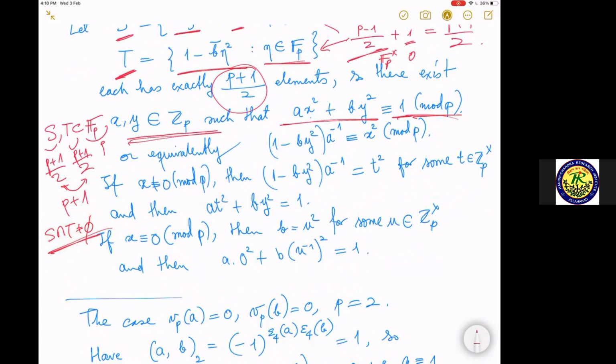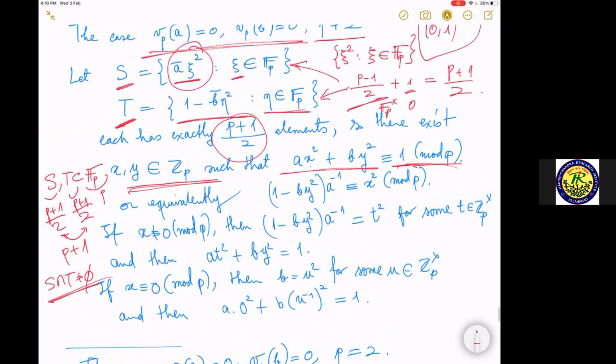That's what you see. This is ax squared. This is 1 minus by squared, 1 minus by squared, and the sum is 1 modulo p. Okay. So, of course, I can rewrite this as this here.